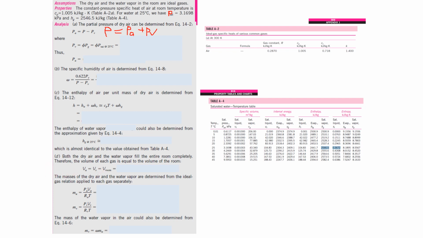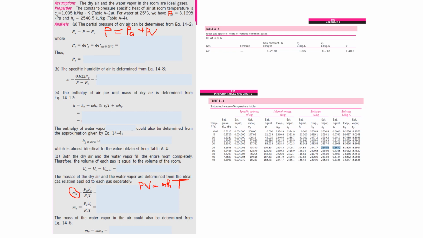And then if you still remember the formula, PV equals mRT, right? So from here you can rearrange this formula so that you can find the mass.